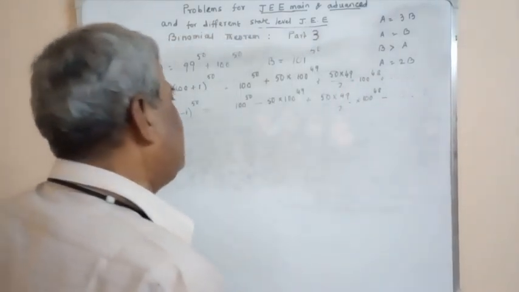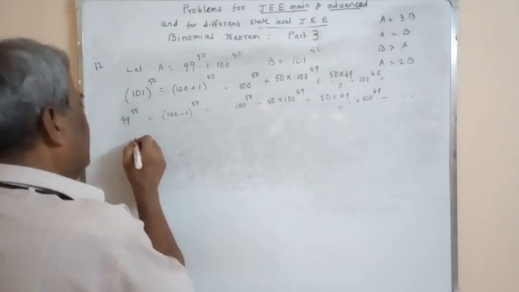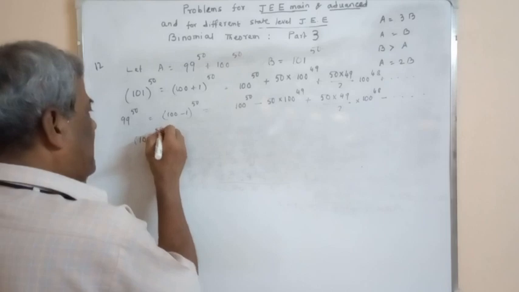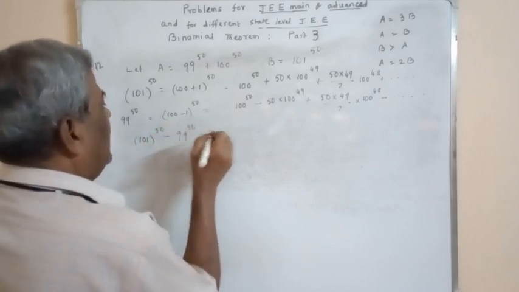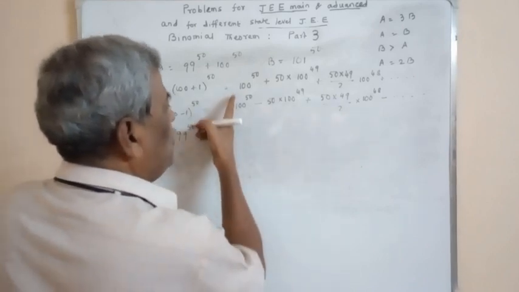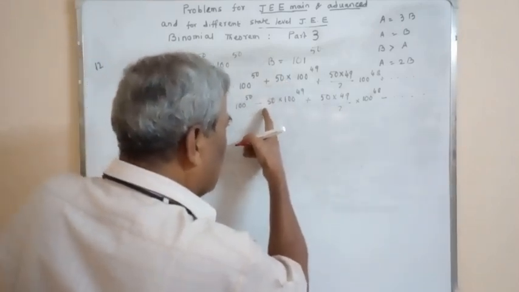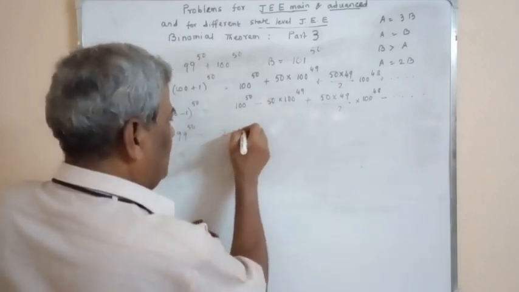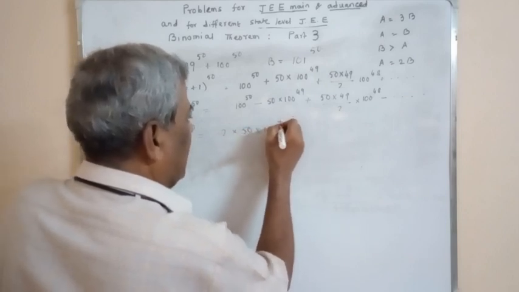Now subtract them, this minus that. So subtracting, we get 101 to the power 50 minus 99 to the power 50 is equal to, this will be cancelled, this will be plus, so 2 into 50 into 100 to the power 49.